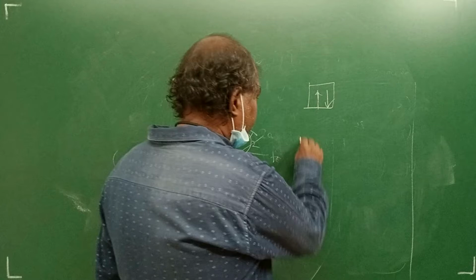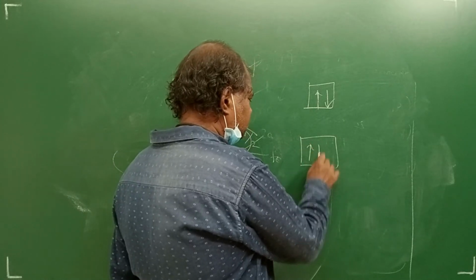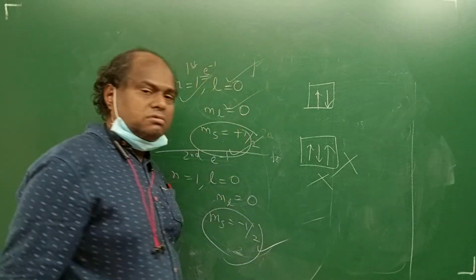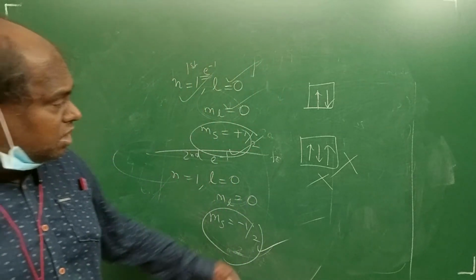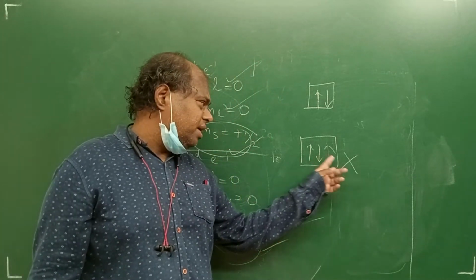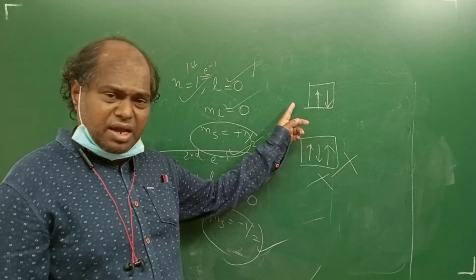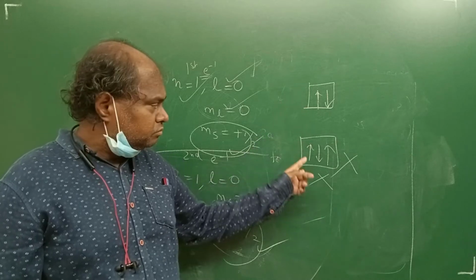If you are doing it like this, student, this is wrong. Why wrong? Because you are taking two electrons with the same quantum numbers. Can you see? When you draw a box, n, L, ML are same. This is wrong.